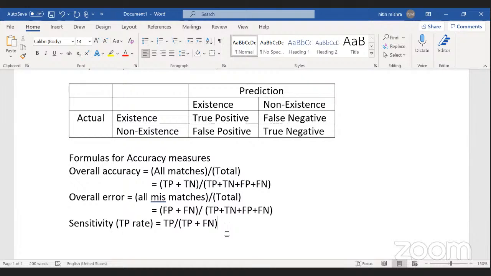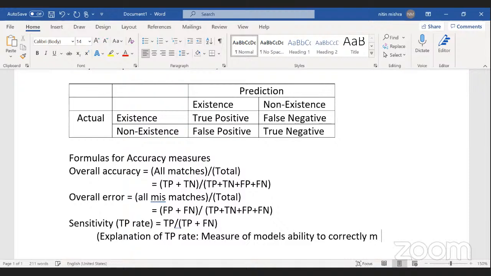All right. Sensitivity is the true positive rate. So what does it measure? The explanation of TP rate: measure of the model's ability to correctly identify the true positive cases among all the positive cases in the database.